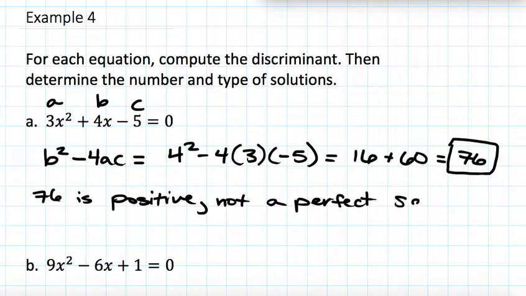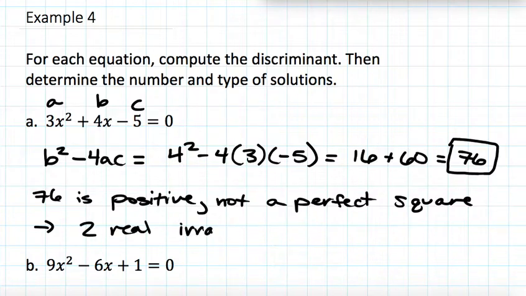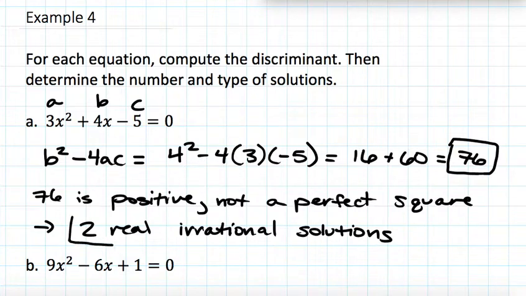So looking at my chart, if b squared minus 4ac is positive and not a perfect square, there are two real, irrational solutions. And so on the multiple choice page, that would be the choice that I would choose.